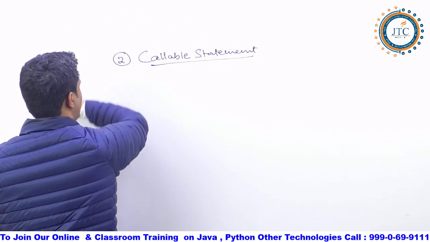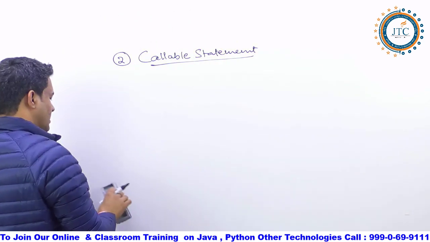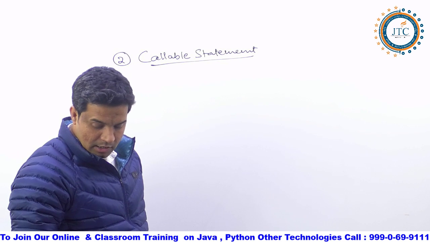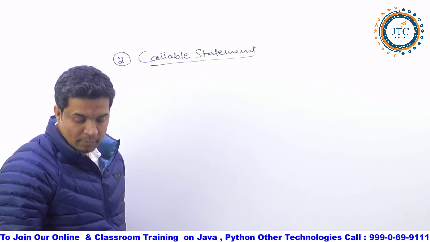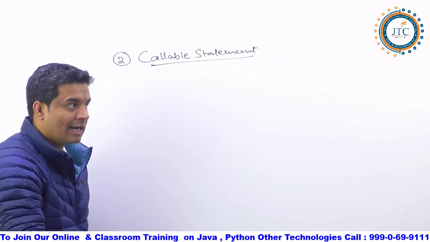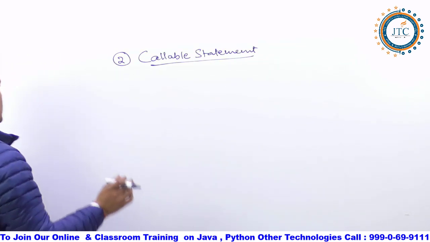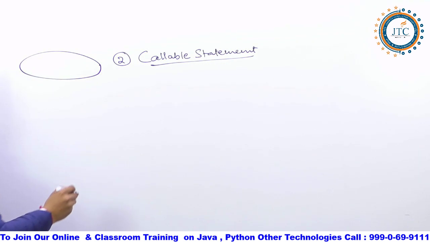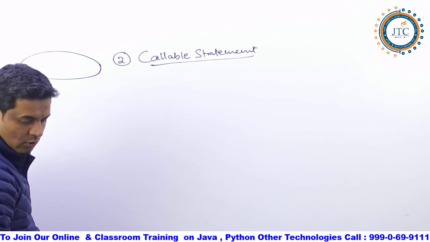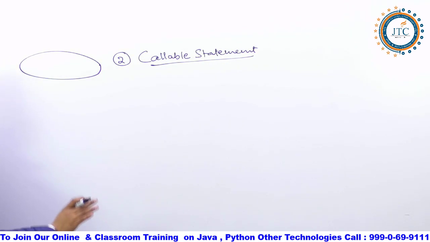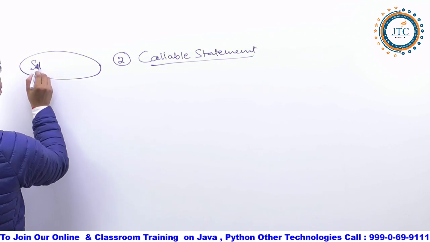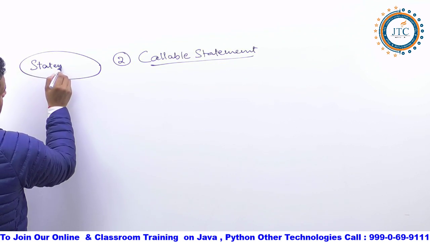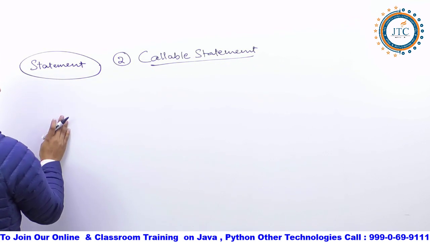See here, in most of the JDBC classes, I have shown you a basic diagram. This is the relationship diagram between the different types of statement. First, we are writing here Statement.